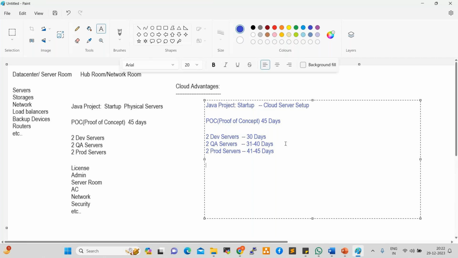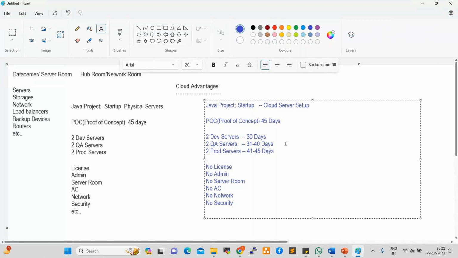Here, no license required, no admin required, no server room required, no central AC required, no network required, no server room security required, right? Because all of these are taken care of by AWS only.